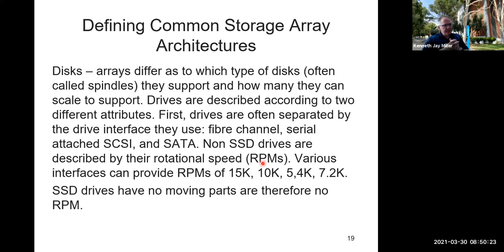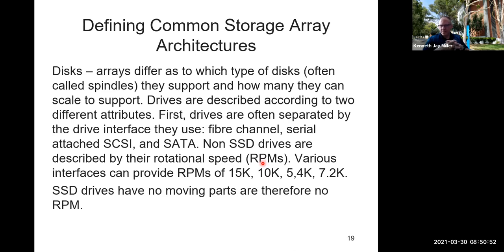So when we describe the disk drives, there's really only two attributes. The first, drives are often separated by their interface. So how do they connect to our disk subsystem array? Are they going to use fiber channel?